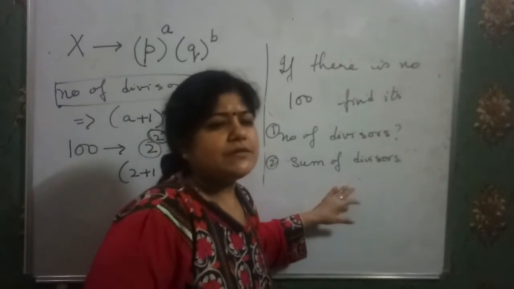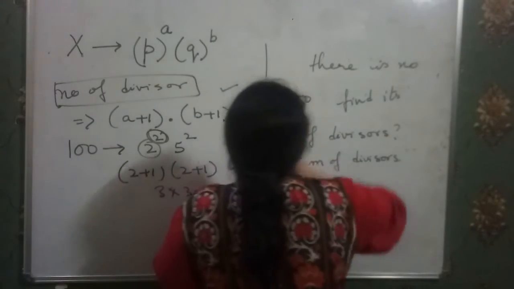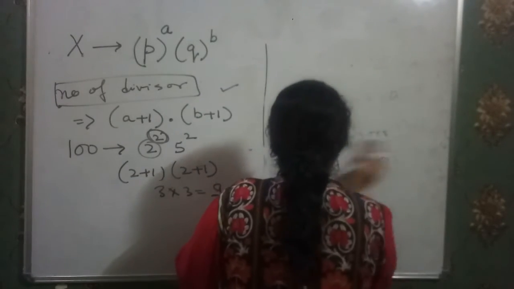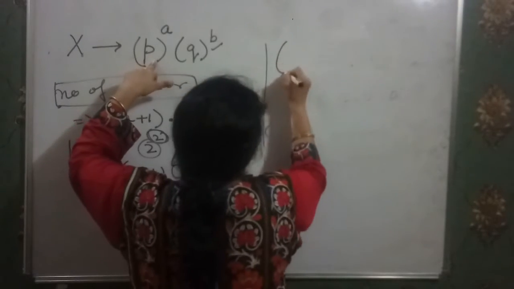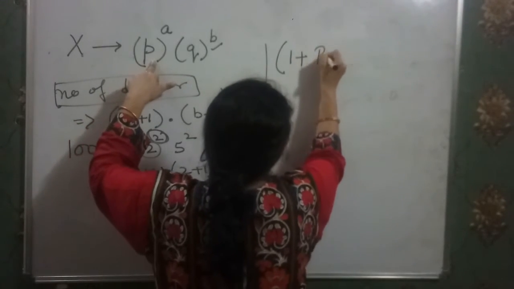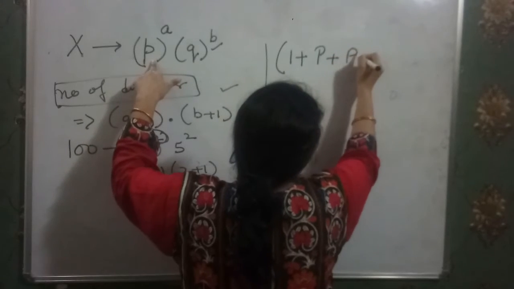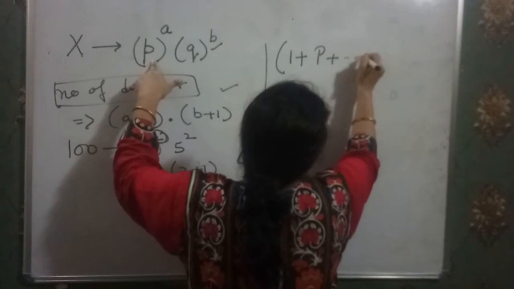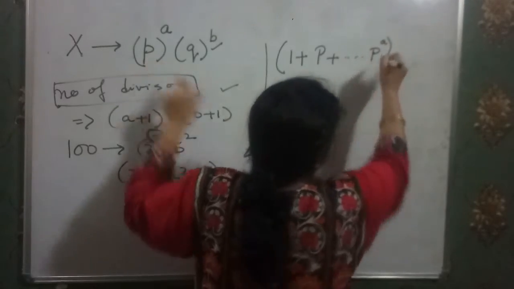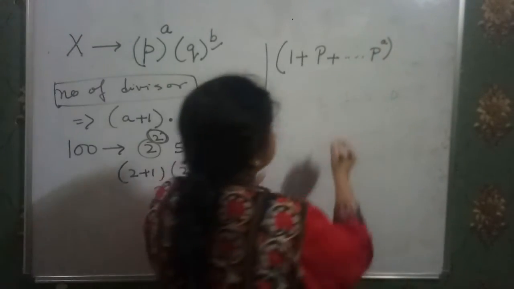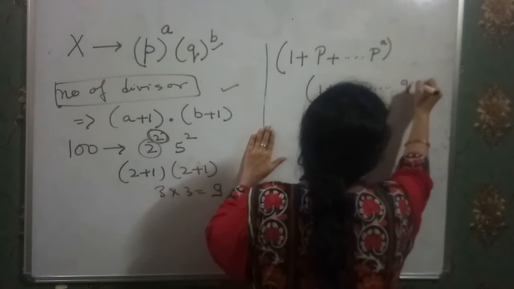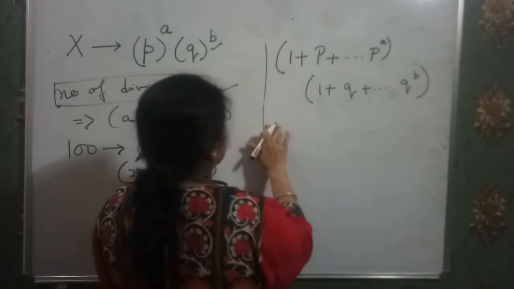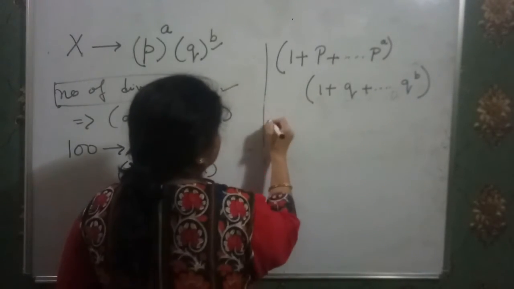Now sum of divisors. Take it. Okay. Now how do we solve this question? For this we again take that. So in this case we write in this way, 1 plus p plus p square up to p to the power a, into 1 plus q plus and so on up to q to the power b. For example, not for this question, I take an example.